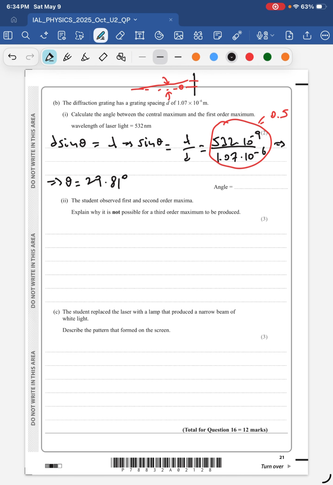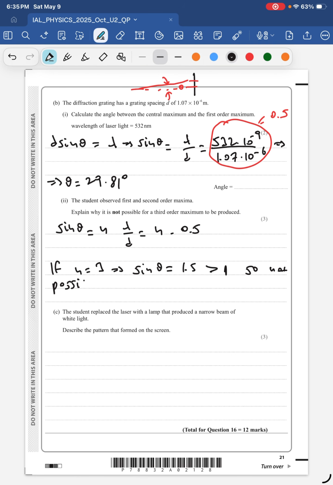So you immediately see that since sine theta is an integer number multiplied by lambda over d, in our case it's going to be n times 0.5. So if n is equal to 3, then sine theta is going to be 1.5, which is larger than 1, so not possible. So you will never see a third order maximum.